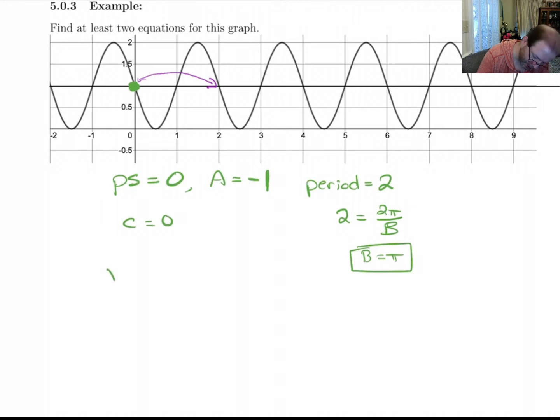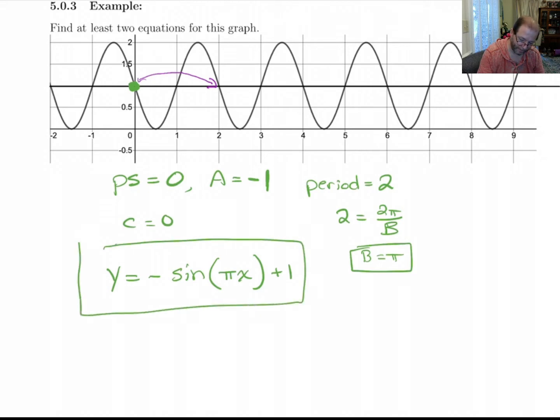So this one's pretty quick. We just get y is equal to negative sine of bx plus c, so pi x plus c. C is 0. And then we also have to remember it's shifted up, so we've got to add 1 onto it. All right, let's go ahead and find another one, and then we'll graph them both at the end.